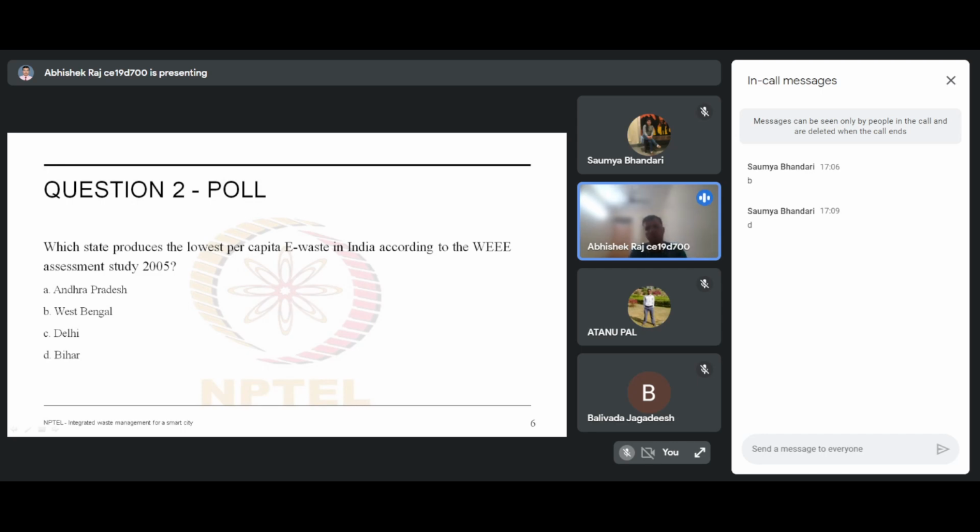So this is a poll, question number two. Which state produces the lowest per capita e-waste in India according to the WEEE assessment study 2005?